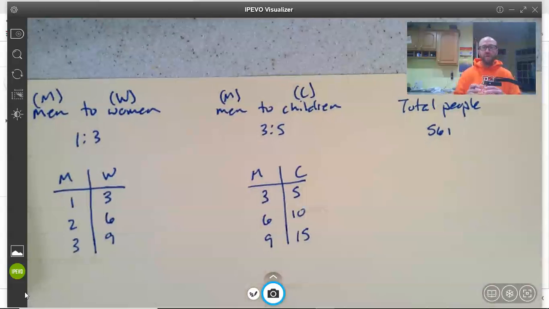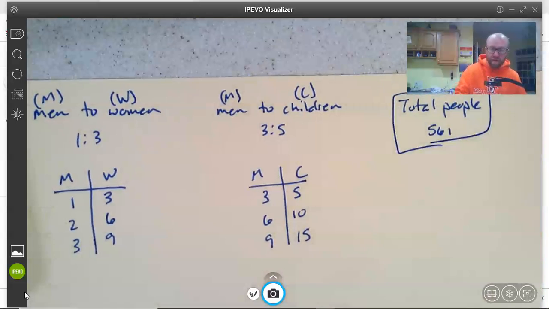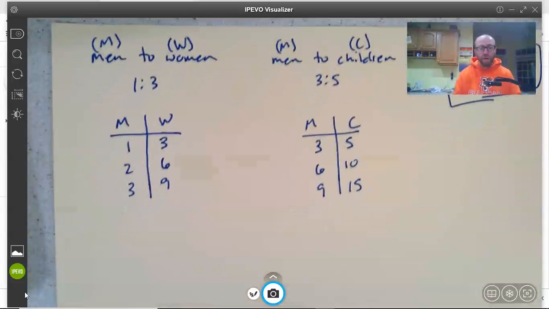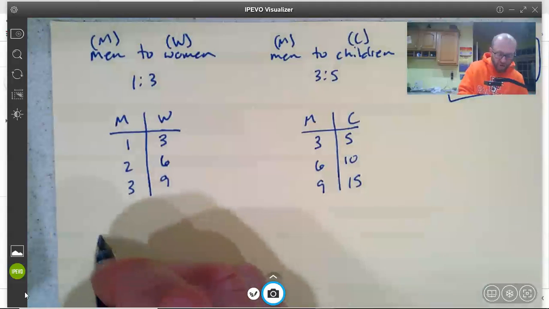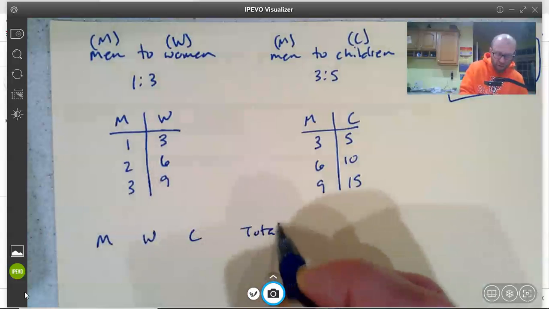So let's put together a big guess and check table where we just guess numbers of men, and we'll see what that works out to for total people. Our goal will be 561. Here we've got men, women, children, total.